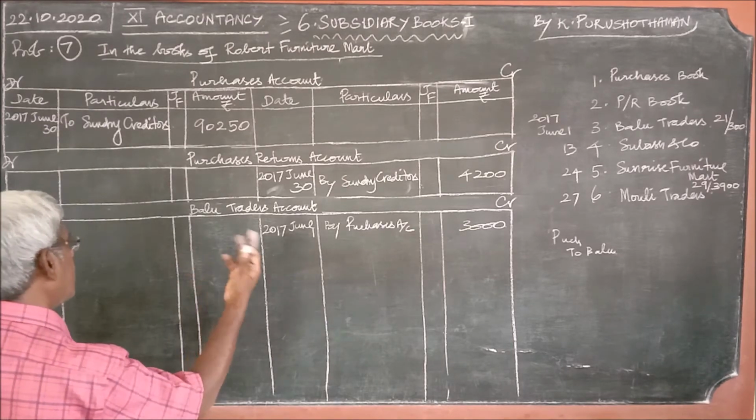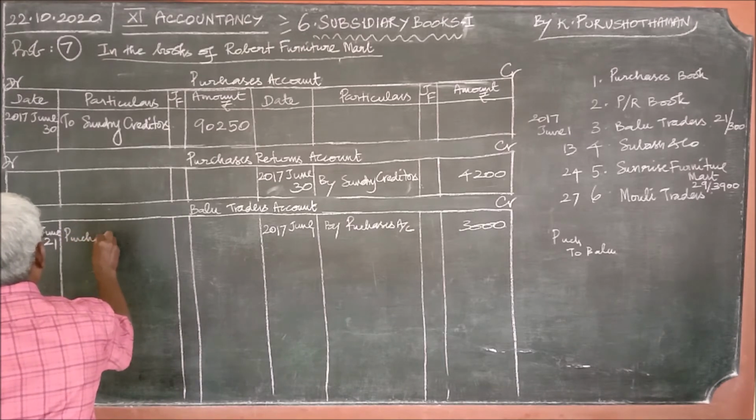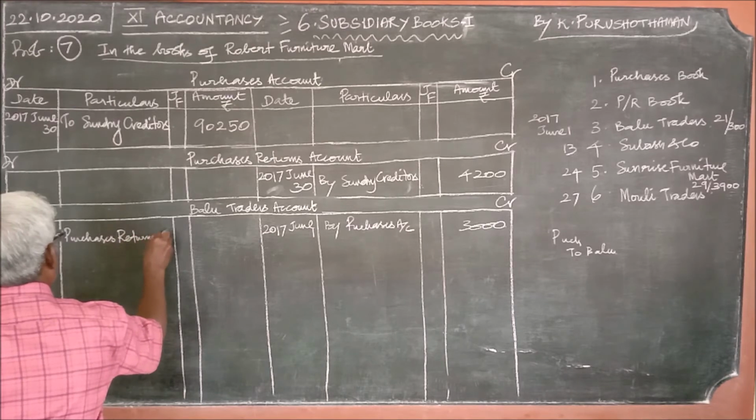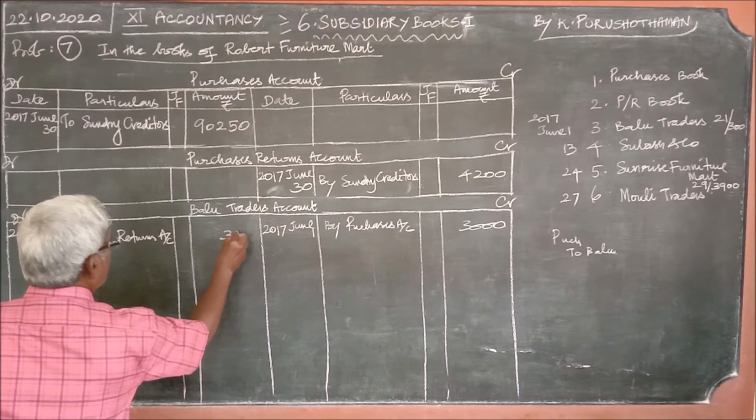So purchases returns, on the debit side, 300.